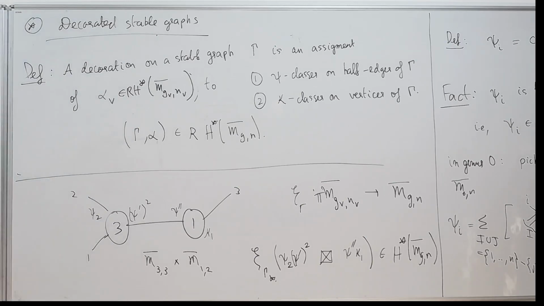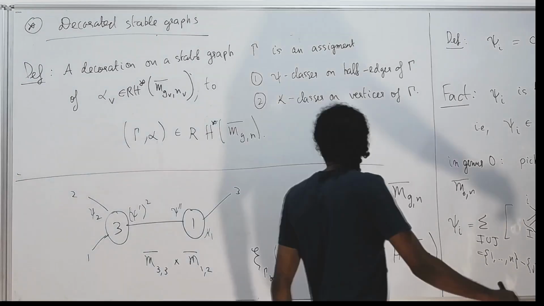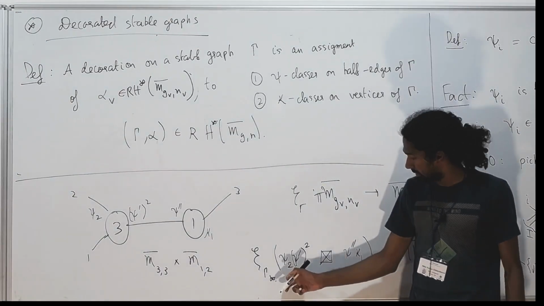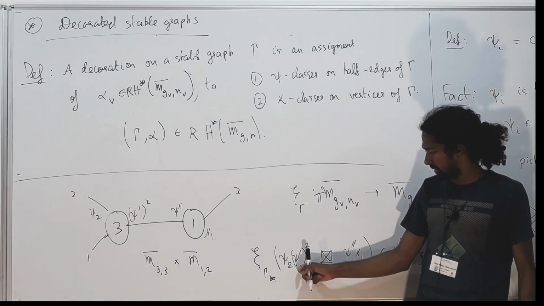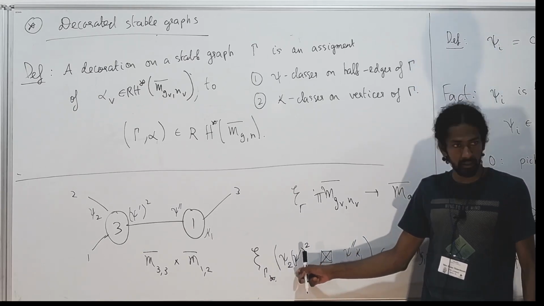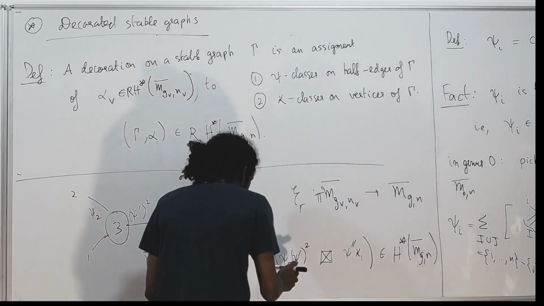Okay, let's also do a degree count here. First of all, remember, psi classes are in cohomological degree 2. So the degree of this piece is 2 plus 1, 3 times 2, 6.